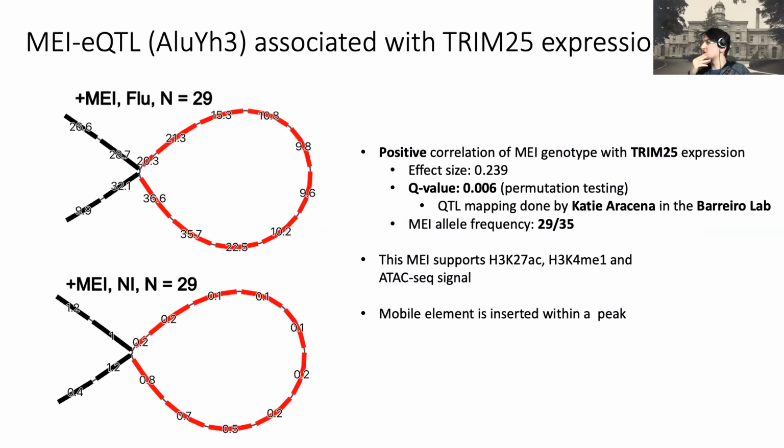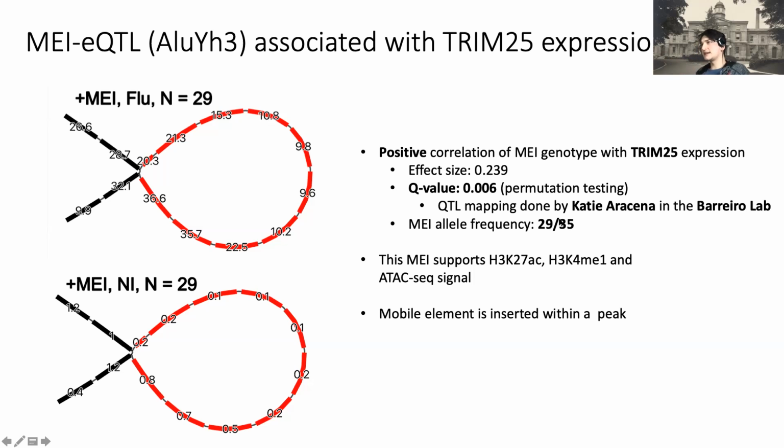So just to show you the most interesting example I found in this cohort, using the RNA-seq data, and again, using the ATAC-seq and the ChIP-seq data, we were able to find a mobile element insertion. So in this case, an AluYH3 that is associated with the expression of the TRIM25 gene, which is a gene associated with repressing influenza virus transcription, right?